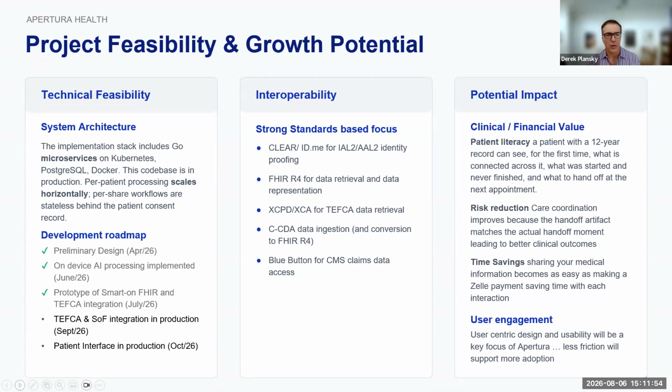And lastly, there's an overall efficiency here because once patients load their data into the solution, they won't have as much of a time burden in terms of managing all of this. So thank you very much for your interest, and we're looking forward to moving on to phase two.